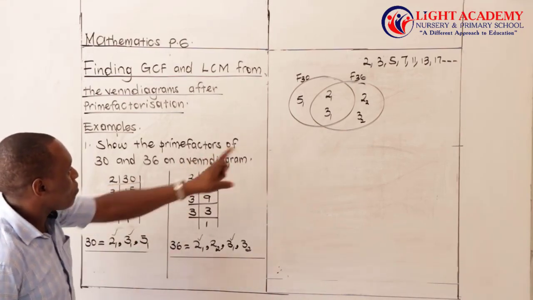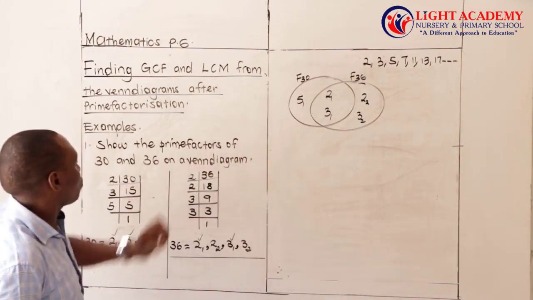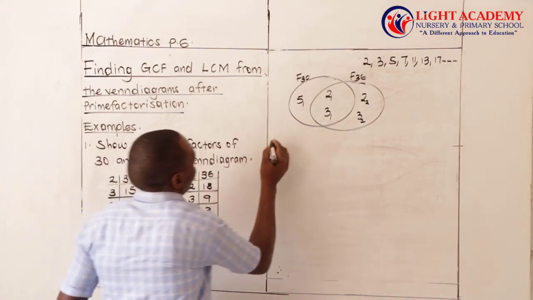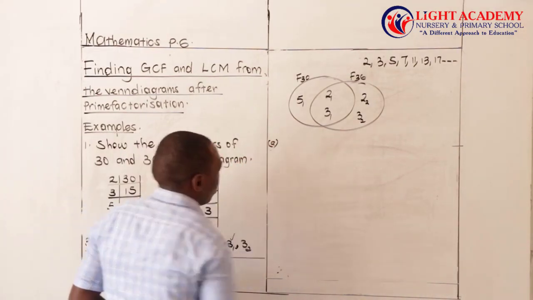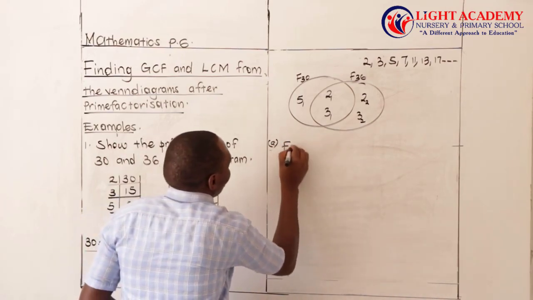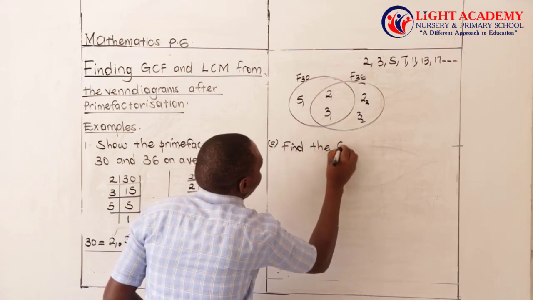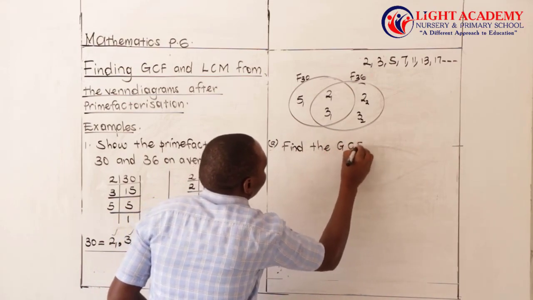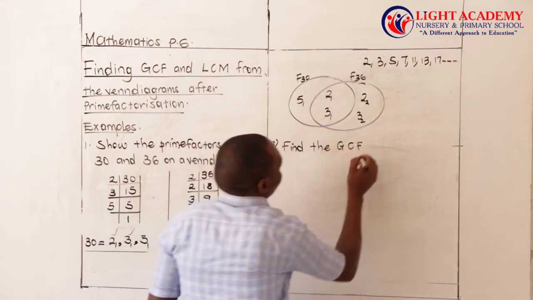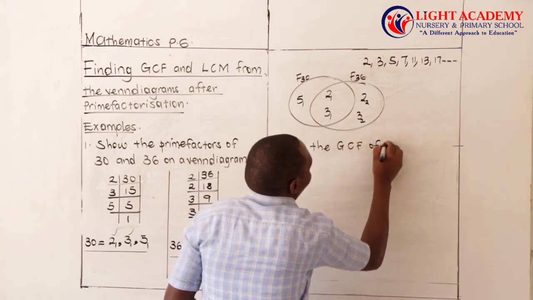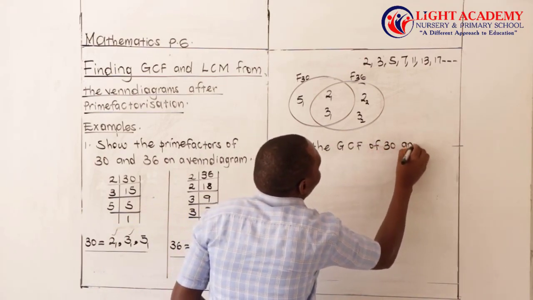Probably from this first part of the question, they can say, part A, find the G.C.F. of 30 and 36. The G.C.F, we have already looked at it.